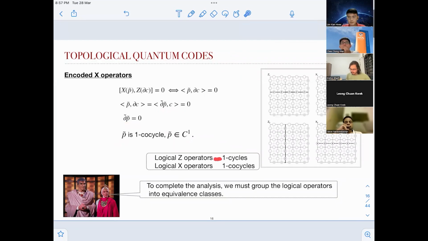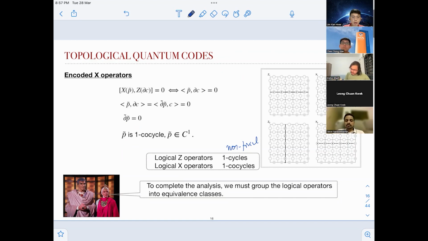The logical Z operators are one cycles, and logical X operators are one co-cycles. I should also write here that these are the non-trivial ones, because the trivial ones are boundaries, so they are already in the stabilizer.